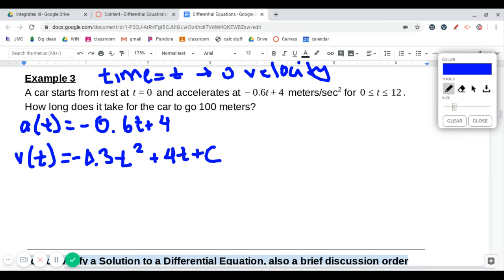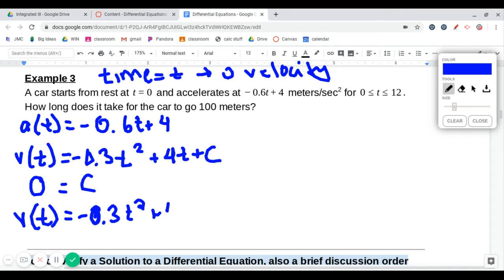So when we plug in 0 for t, this whole thing should equal 0. Which means that 0 equals, if we plug in 0 for t, this first term is 0, the second term is 0, so 0 equals c. Which just means that c is 0. Okay, so that means our velocity function equals negative 0.3t squared plus 4t.